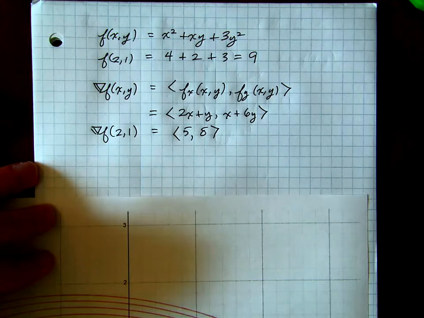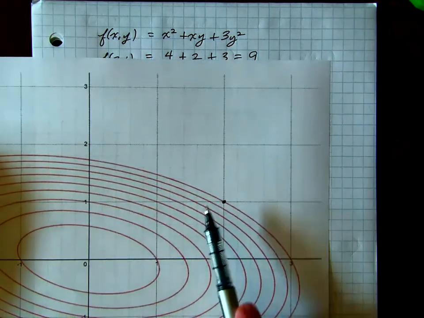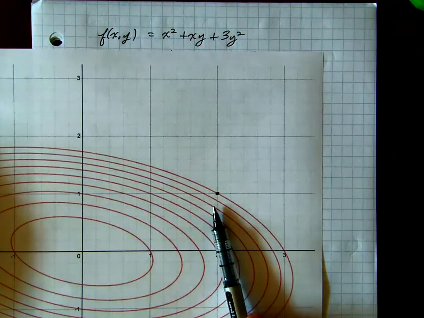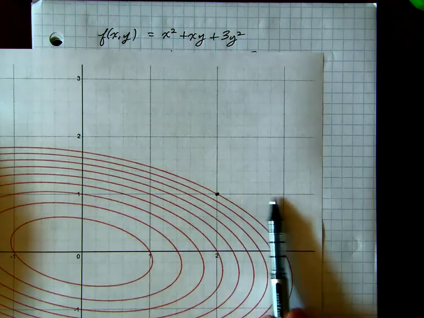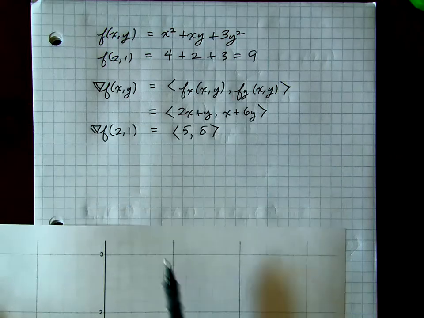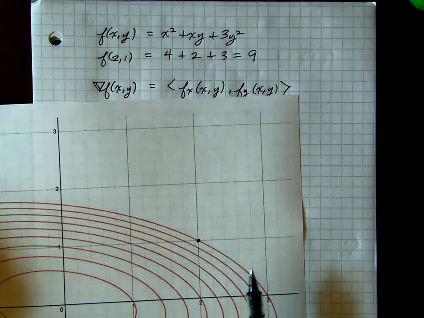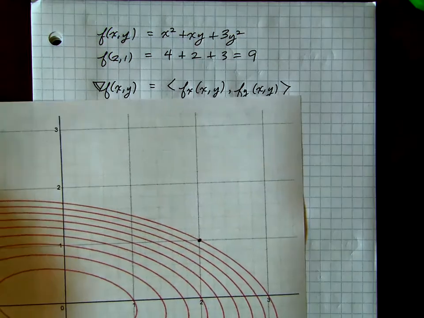I don't have enough room. This is 1 unit, and what do I need? 5 and 8. So I need to go over 5 and up 8. Well, I can't do that.